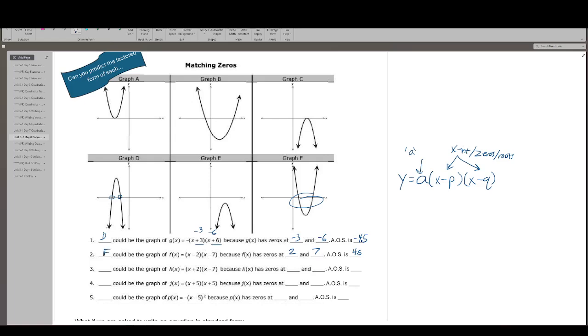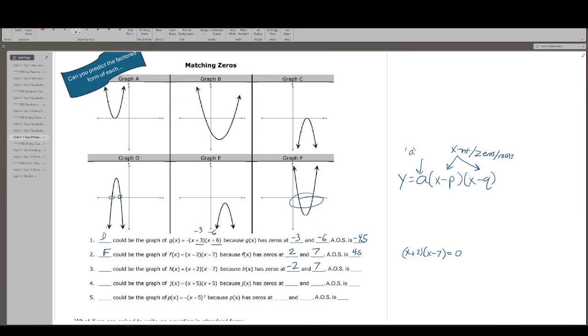On number 3, we have a positive a value, so it's opening up. We have x-intercepts at negative 2 and positive 7. If you've forgotten from when we covered this previously, the reason we're taking the opposite here is we're basically saying when is x plus 2 times x minus 7 going to be equal to 0.